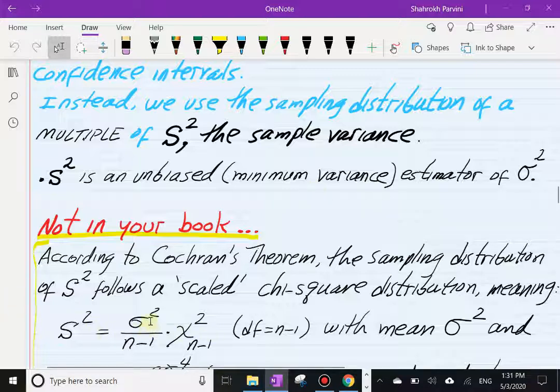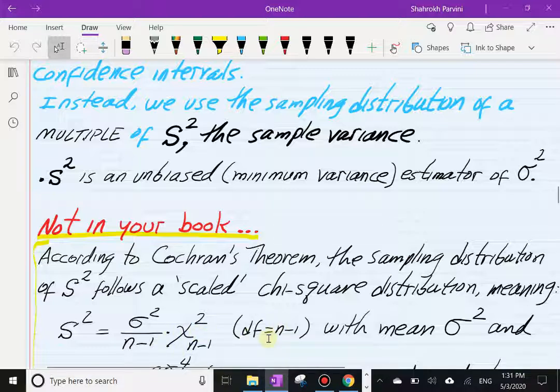That's the multiple of a chi-square. The degrees of freedom here is going to be n minus 1. That's what this notation is. Here I'm using a subscript for degrees of freedom. It's not the area to the right. It means sample size minus 1. Usually, for chi-square curves, we put degrees of freedom as a subscript. Some do, others don't. I do.